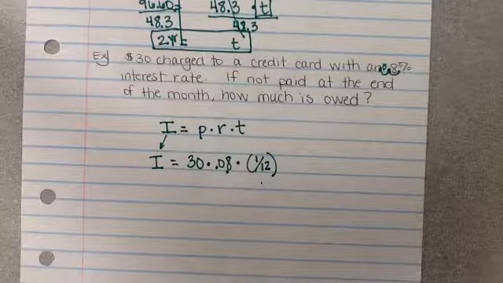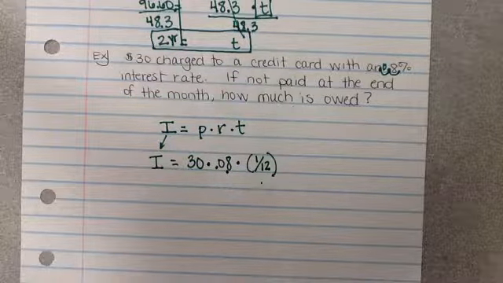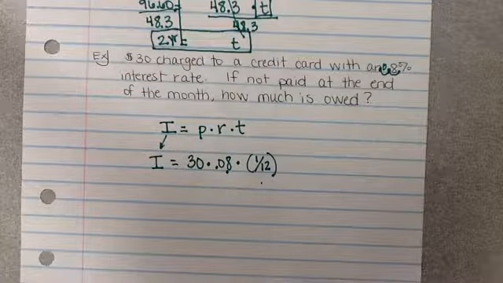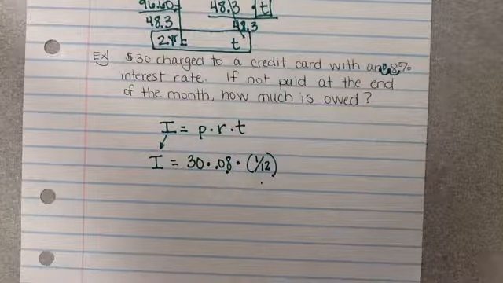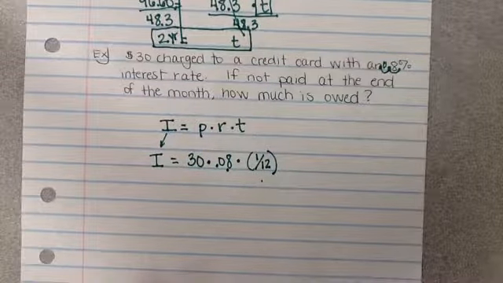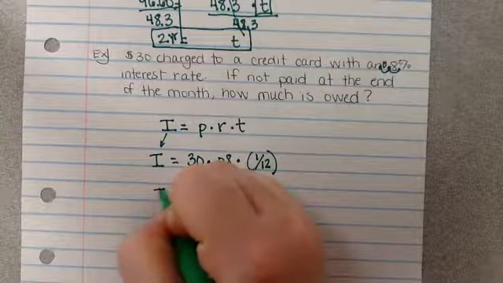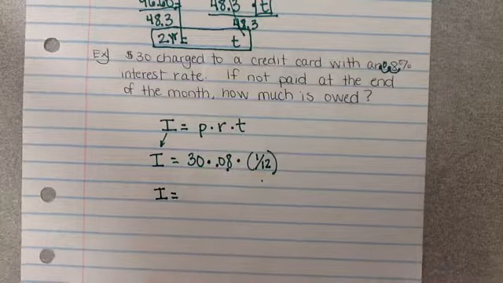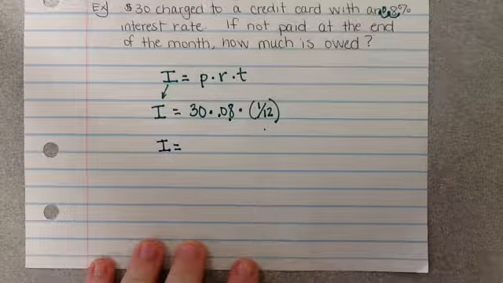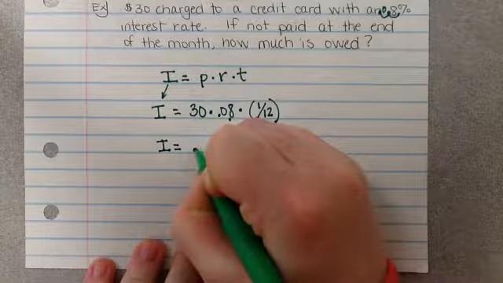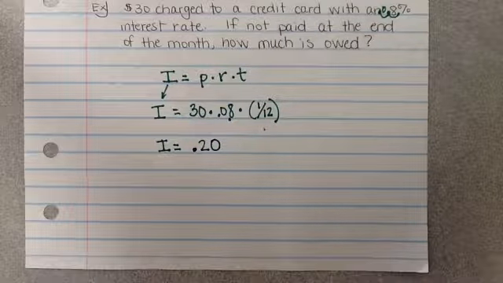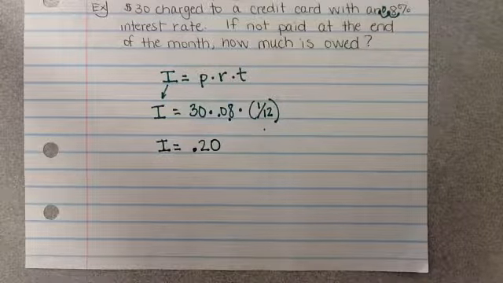Go ahead and enter that in. How much interest would this earn? 0.2, which means 20 cents. Okay.